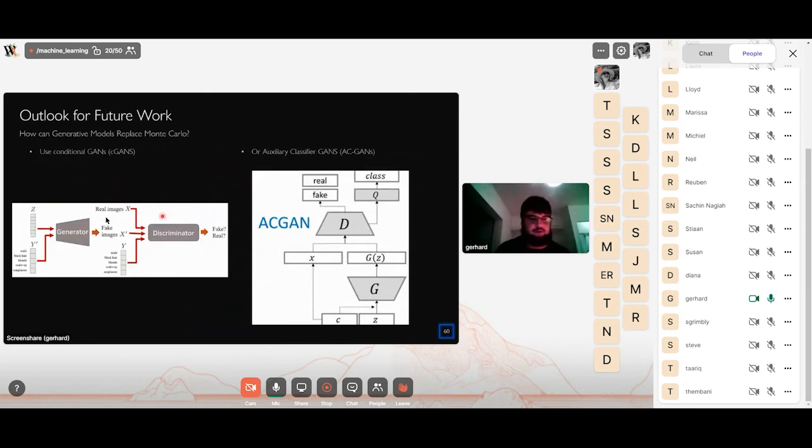Another two avenues that could be fruitful: the first is using conditional GANs. So GANs are fed not only a latent space, but also a specific class that you want to generate. When you generate these fake images, the discriminator is tasked to say whether it's real or fake, but it's given both the image and the class label.